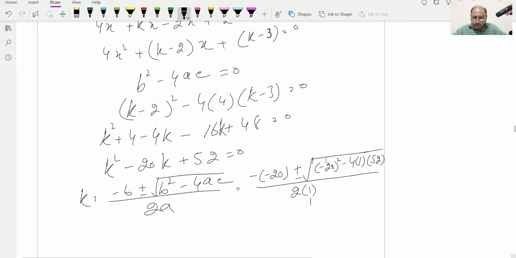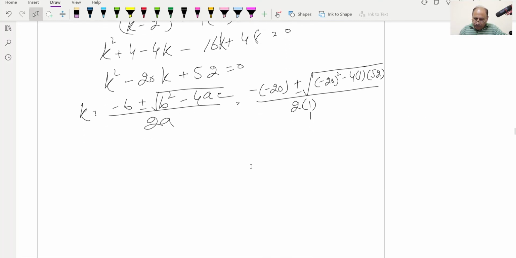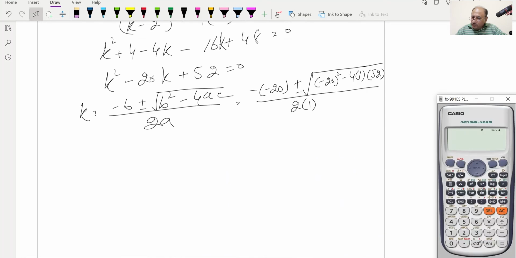Now we simplify this with the help of a calculator. Minus minus is plus, so only 20 I'm writing, and I will take the plus sign first, and then we can consider the negative sign also.